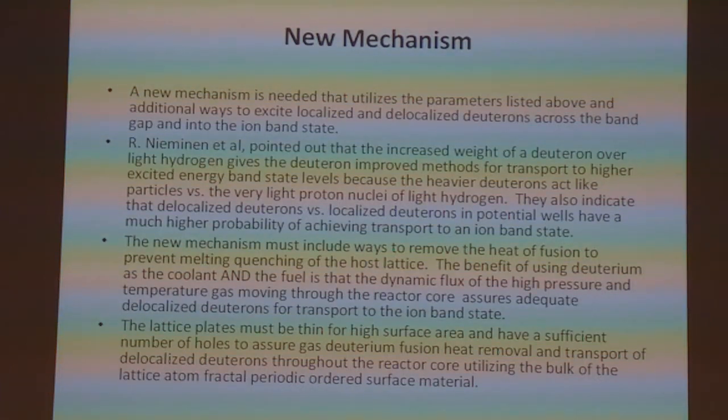The new mechanism must include ways to remove the heat of fusion to prevent melting and quenching of the host lattice. Very important.